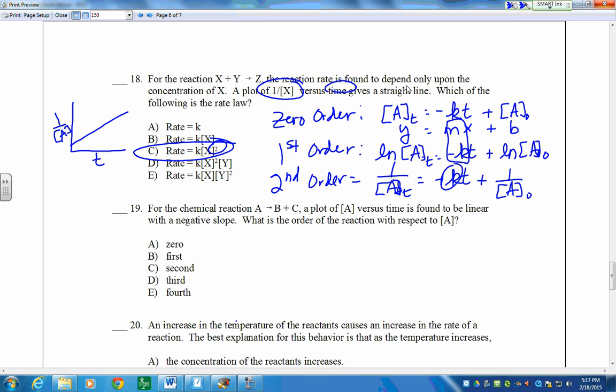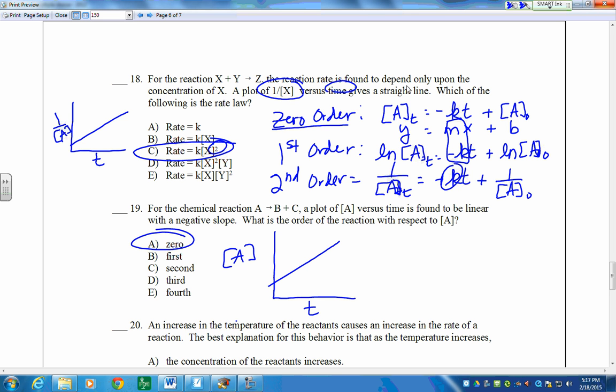All right, now it says a plot of A versus time is found to be linear. So this is A and this is time, and we get a line, and that means it's zero order. By the way, zero order isn't on your sheet, but it's on the test.